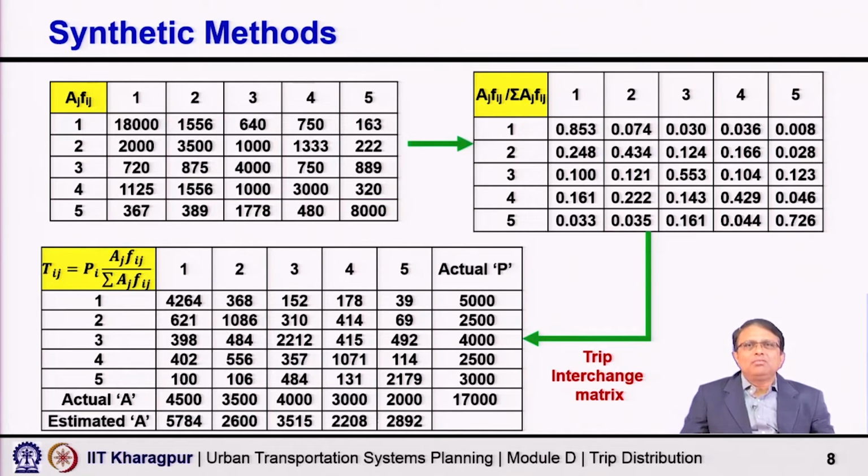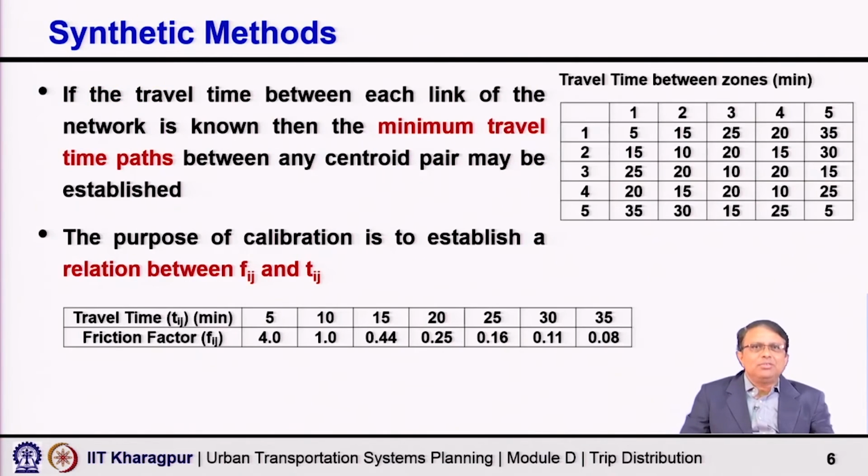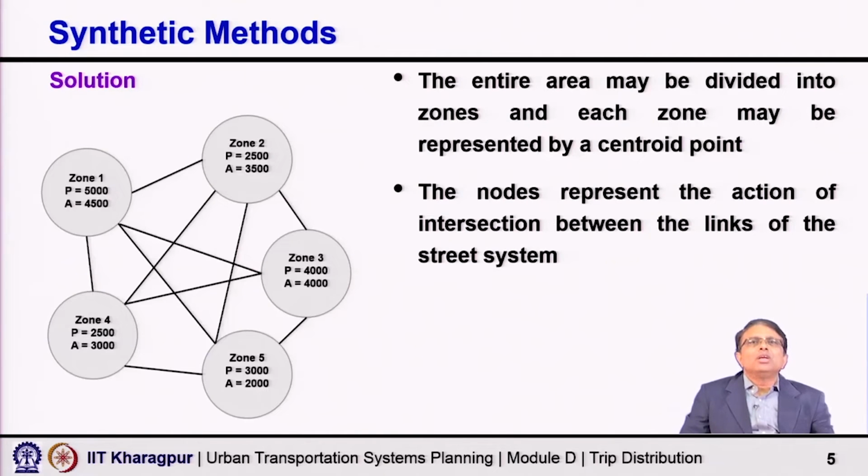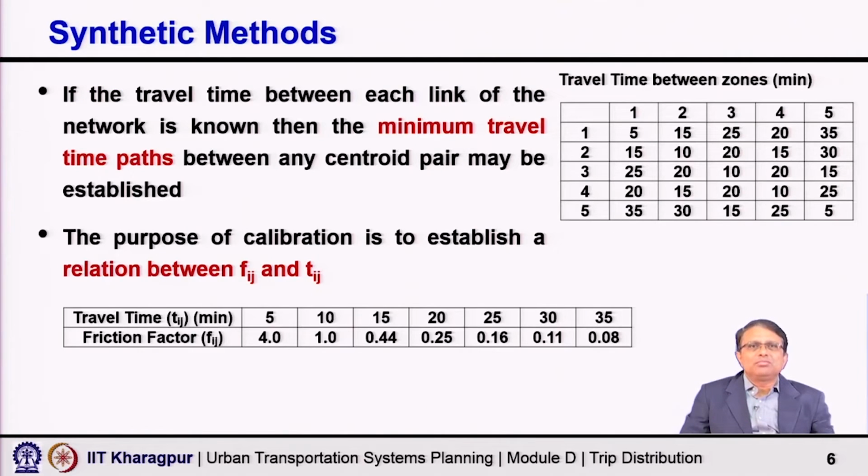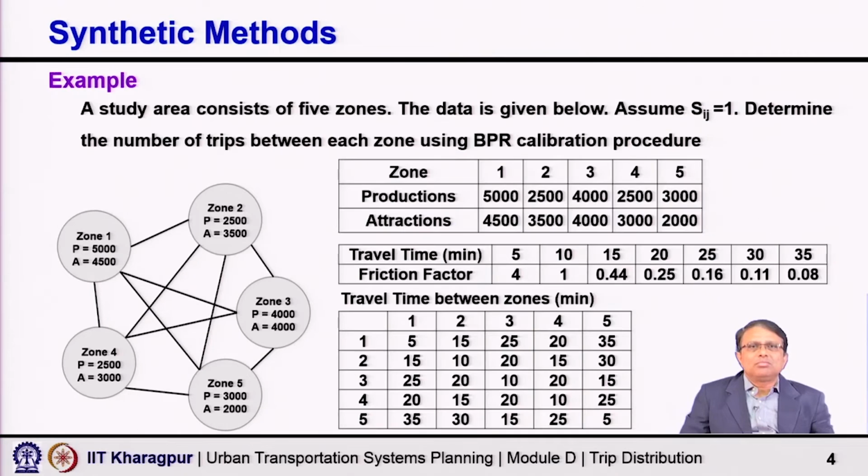Once you have done that, then for each origin zone, like zone 1, I know the value of Pi. How do I know that? That is again given. The production values are given, okay, right. For each zone the productions are given: for zone 1 5,000, zone 2 2,500, like that. So, let us say zone 1 is 5,000.